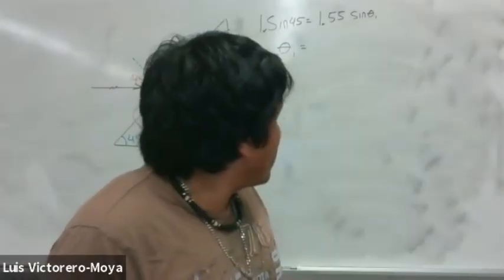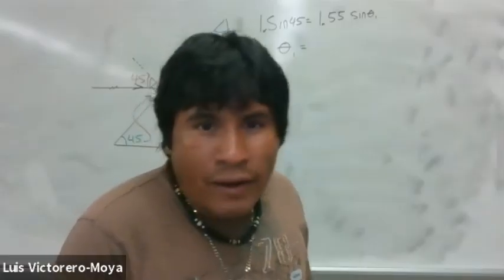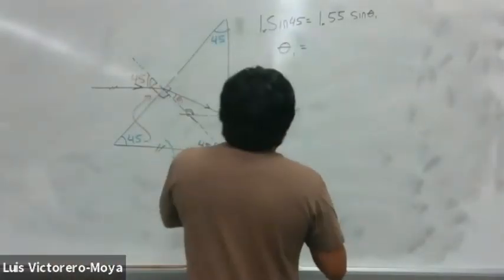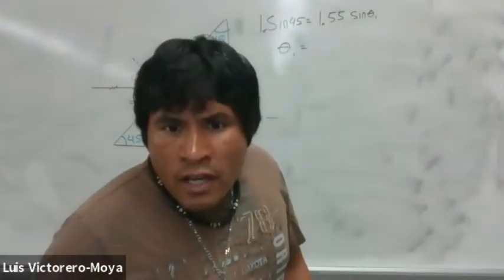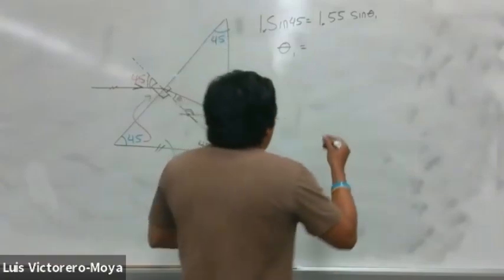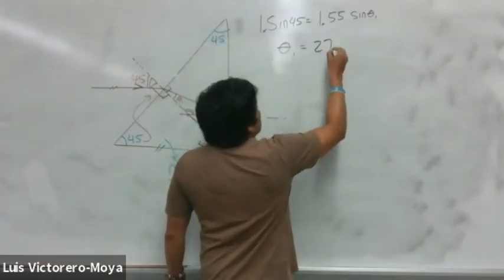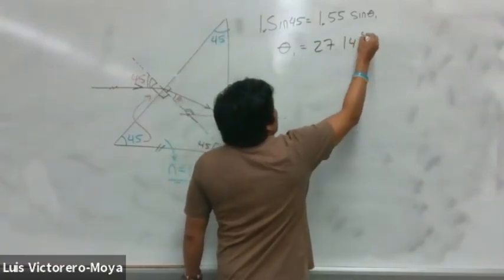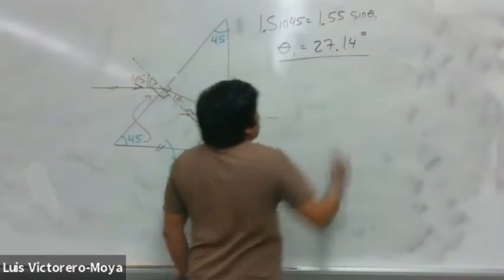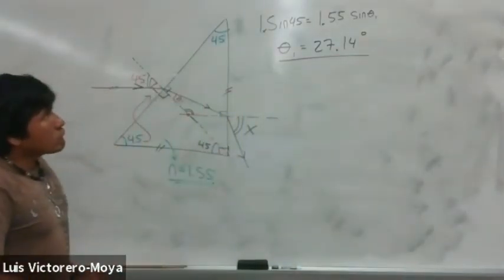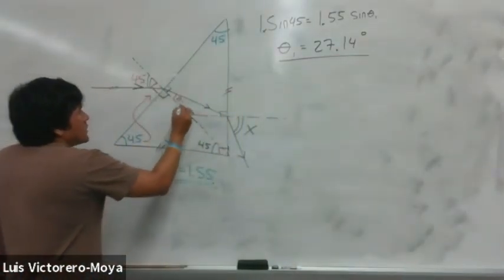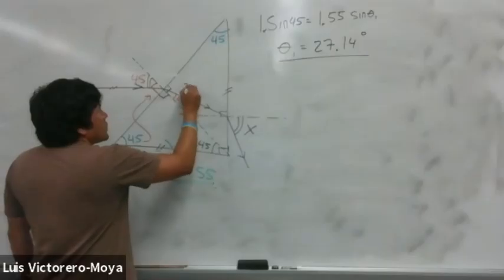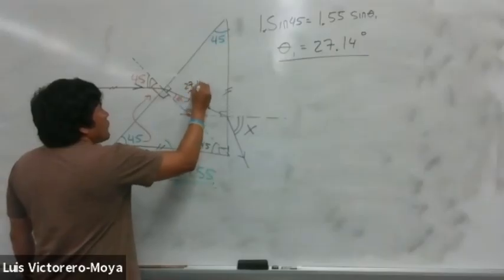Well, I will go back to that problem so I can explain what I mean. So 0.45 and then 27.14 degrees. So that angle is 27.14.